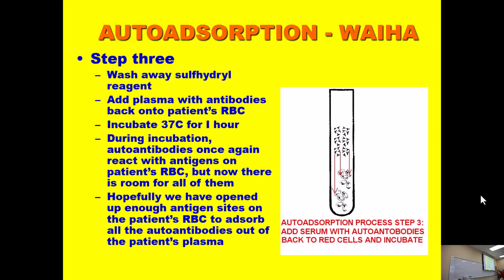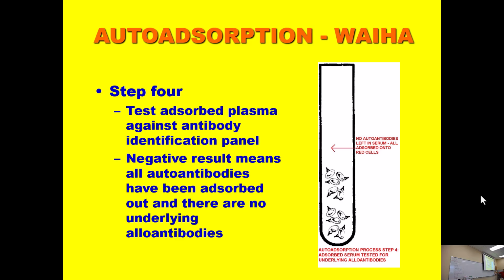So now we add all the plasma back in. We'll wash away the reagent, add the plasma back in, let it incubate for an hour. During that incubation, all the autoantibodies are once again reacting with those cells. And now hopefully we've opened up enough of those antigen sites for them to absorb out all the autoantibodies in the patient's plasma.